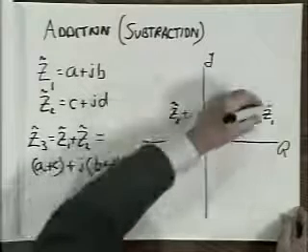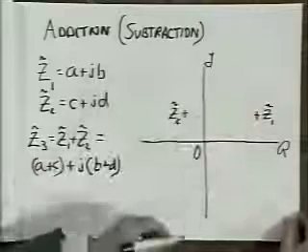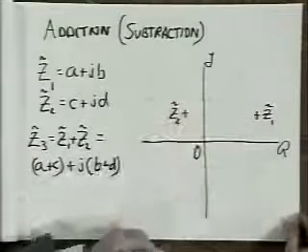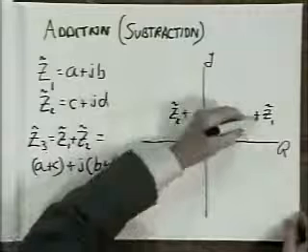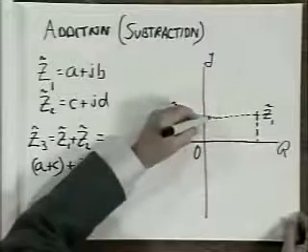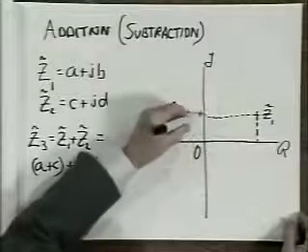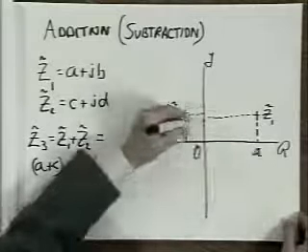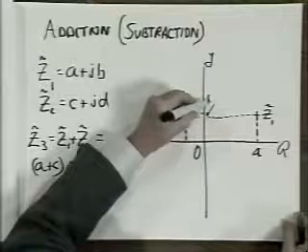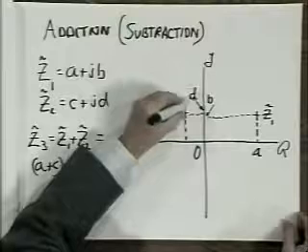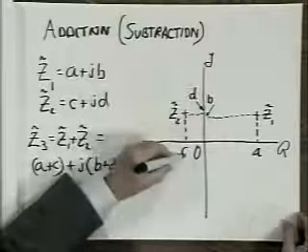So this is z2, this is z1. In order to add or subtract, I want to think of the number in terms of its rectangular coordinates, where this is A, this intercept is B, this intercept is D, and this is C.